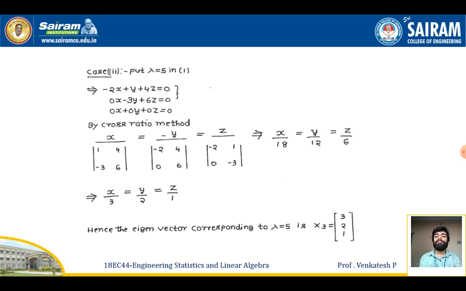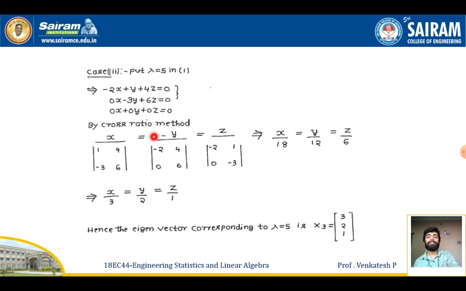Last case, for the third eigenvector, that is for lambda equal to 5 in equation number 1. Replacing lambda equal to 5, the equations will be minus 2x plus y plus 4z equal to 0, 0x minus 3y plus 6z equal to 0, 0x plus 0y plus 0z equal to 0. Using the cross ratio method again, I'm taking only the first 2 equations.